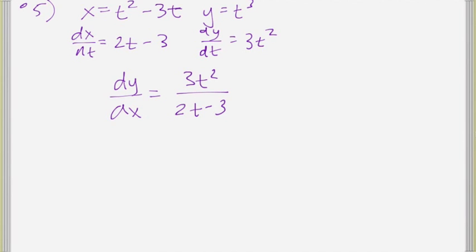We learned that back in chapter 3, and then what's new in here is finding our second derivative. To find our second derivative, we want to take the derivative of this. So we want to do this thing prime, which needs a quotient rule.